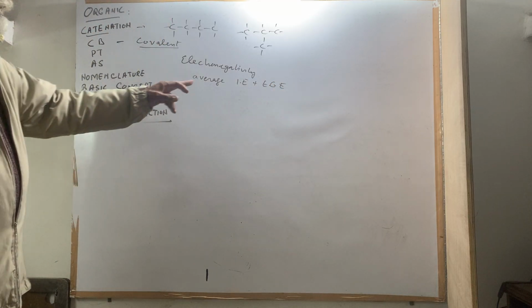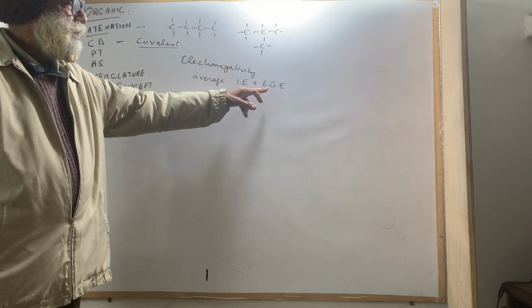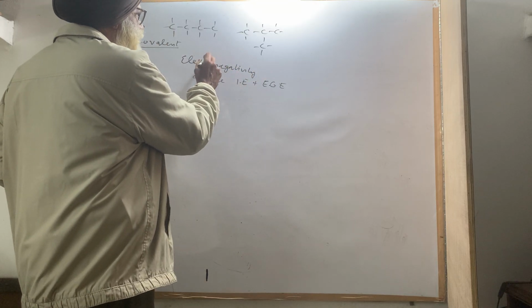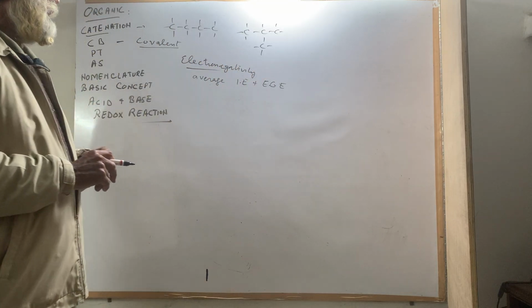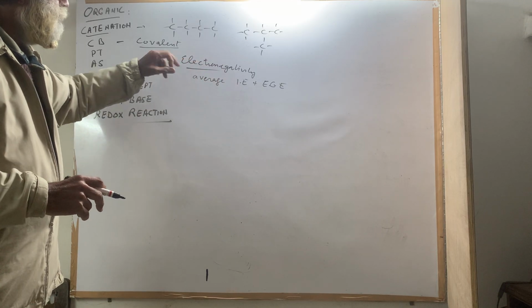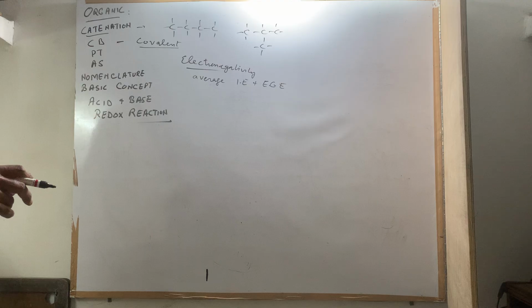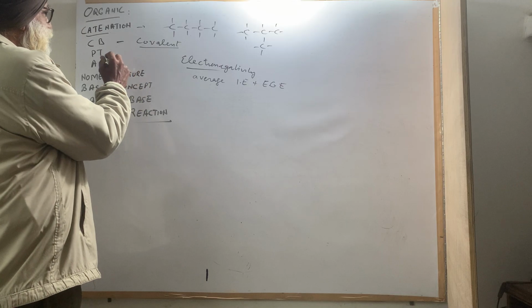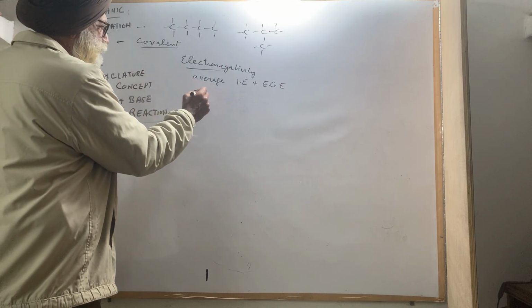So this comes in atomic or periodic properties, while electronegativity is used in chemical bonding. So this is from the periodic table, this is from chemical bonding. Naturally here we are talking about elements and atomic structure comes into being. From atomic structure, you have the electronic configuration.